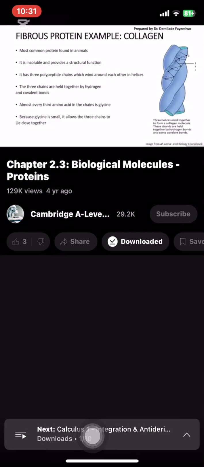The reason glycine is very frequent in collagen structure is because it's a very small molecule, and what it does is that it allows the strands of collagen, or the polypeptides that make up collagen, to bind tightly together so that the helix is not loose. Rather, it is very tight, and that also enhances its structural function.